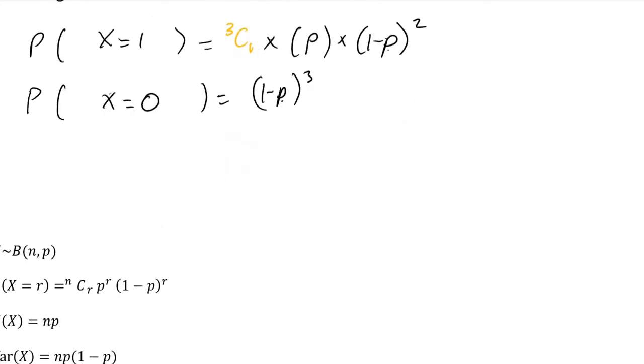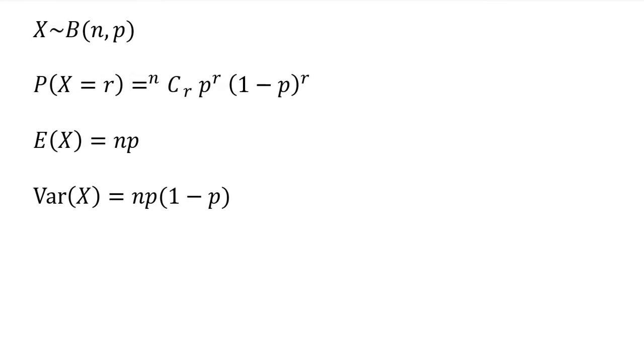So to summarize all of this, we can come up with this generalization. The number of ways we can have r successes out of n trials is n choose r, times the probability of success raised to the number of successes, times the probability of failure raised to the number of failures.